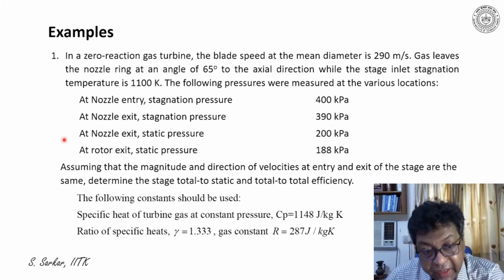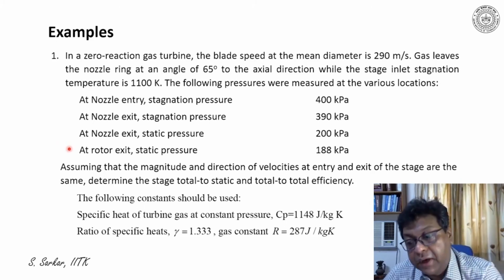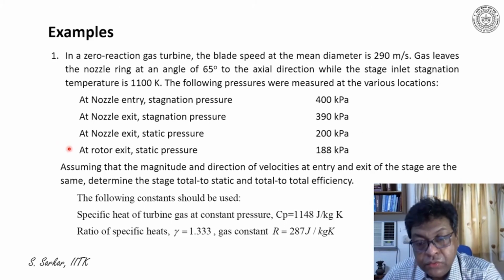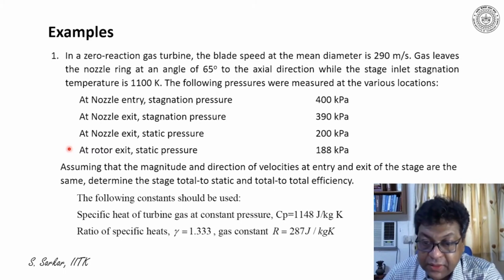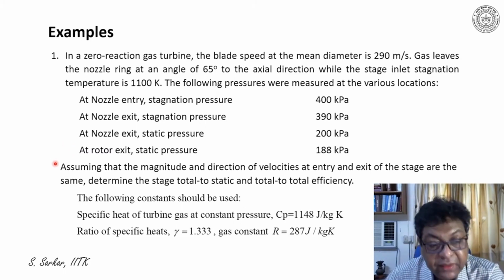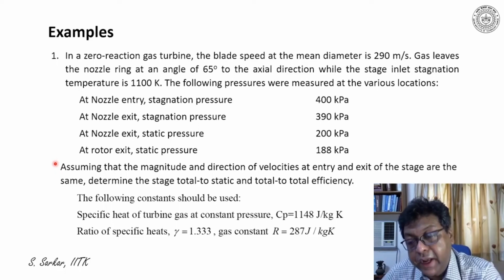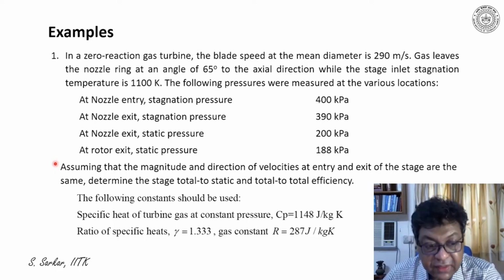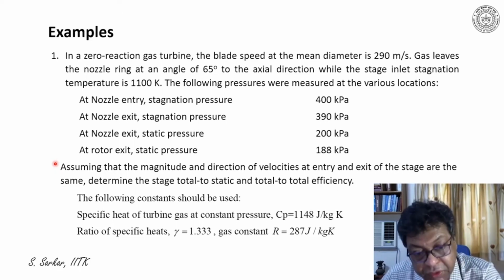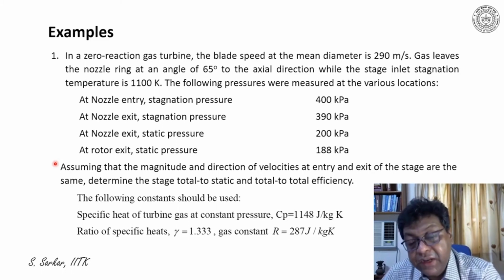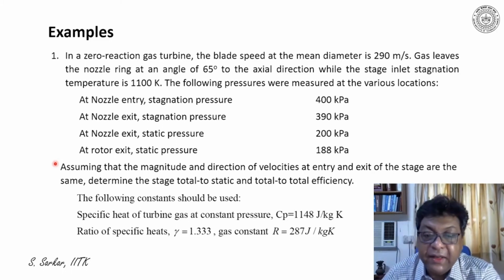At the rotor exit, the static pressure is 188 kilopascals. Assume that the magnitude and the direction of velocities at entry and exit of the stage are the same. Determine the stage total to static and total to total efficiency.